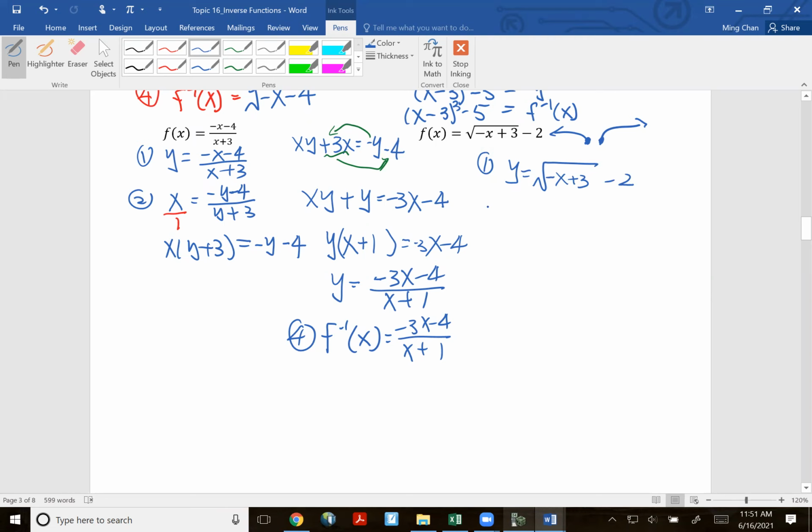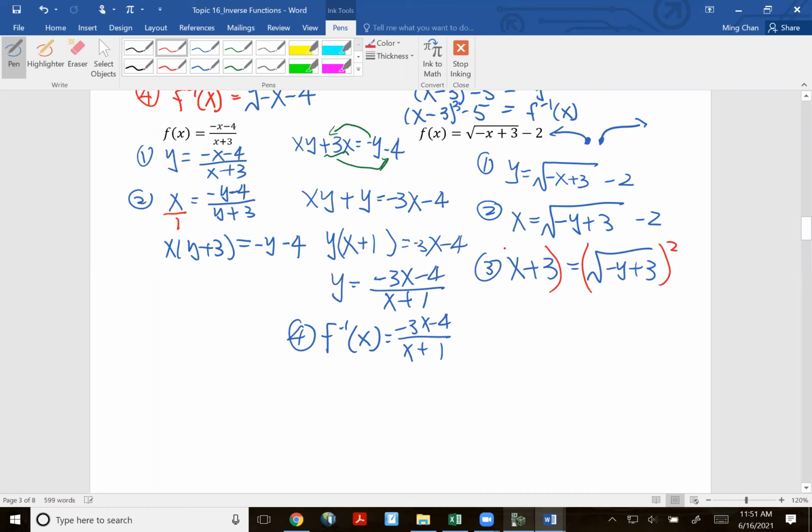All right, interchanging between the variables x and y. So that will be x equal to square root of negative y plus 3, minus 2. Solving for y, I'm going to move the negative 2 over so I can isolate the square root term. I'm going to square the entire side.